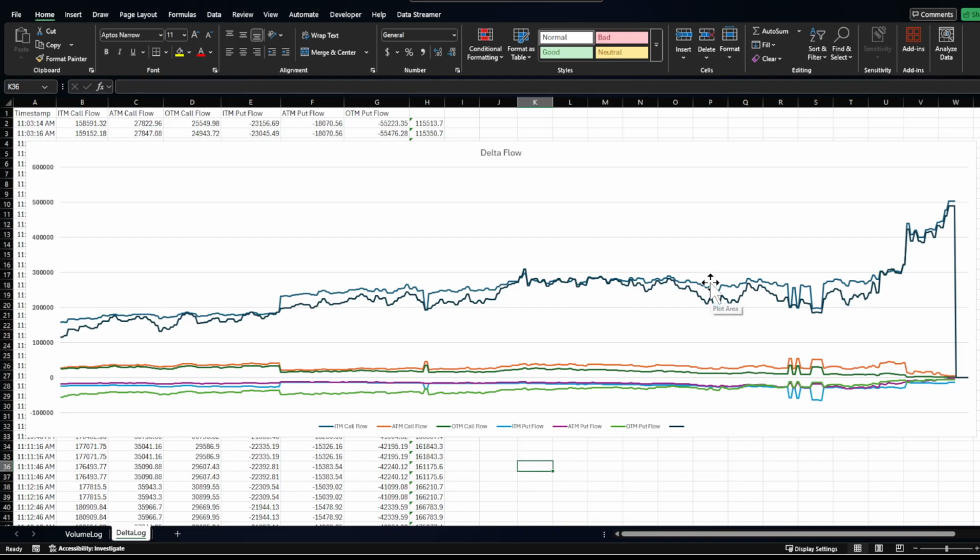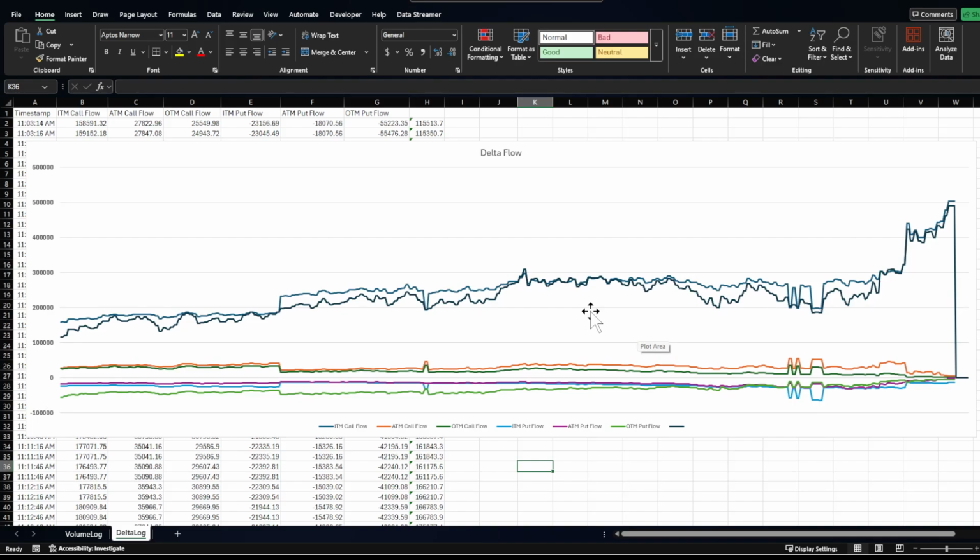Again, this is not a leading indicator, right? This is a lagging indicator because, again, it's logging every 30 seconds. By no means is this going to foretell the future or what's to come, but it at least gives you an understanding of what's going on underneath the hood.